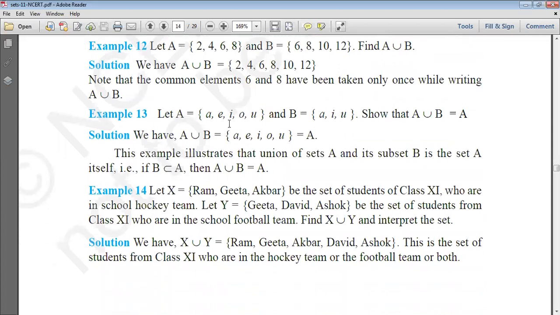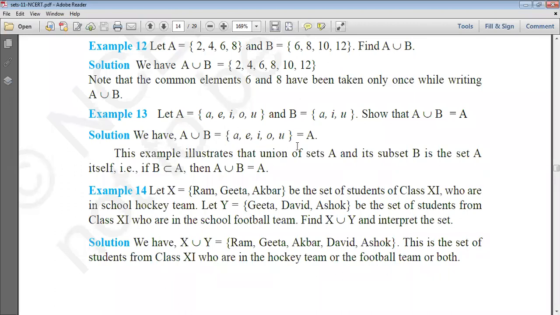Similarly, in the next example 13, A, E, I, O, U, all vowels are there in set A, and A, I, U, three vowels are there in set B. So obviously, if we write A union B, then all the vowels will be here. So A union B is A, E, I, O, U, and all the elements of B and all the elements of A we have collected.